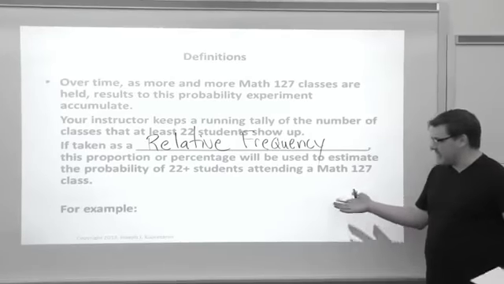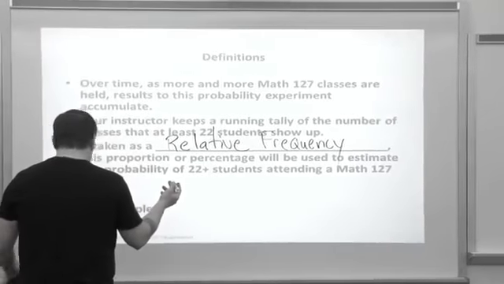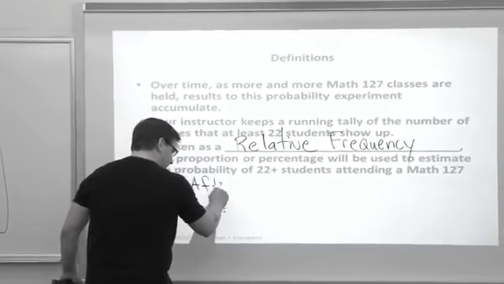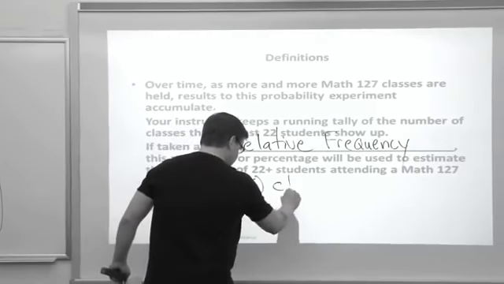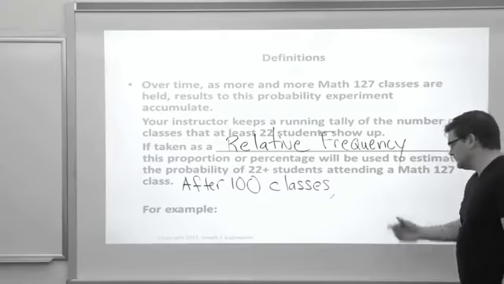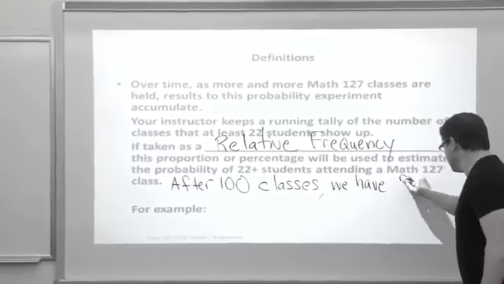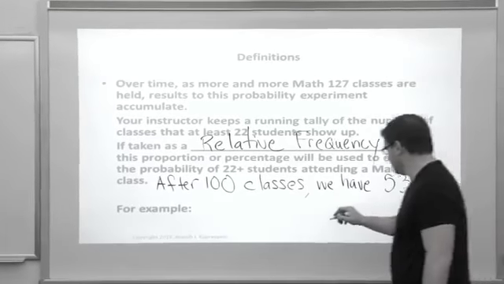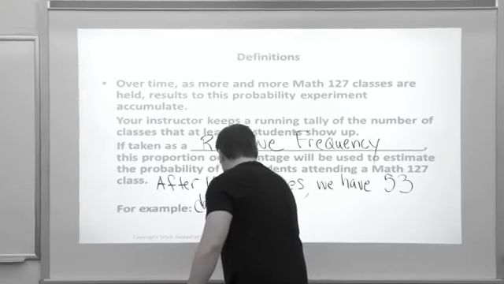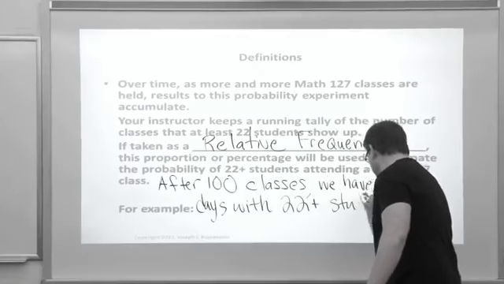Okay, so down here, let's just make up an example. I'll keep the numbers easy so I can do the math in my head. For example, let's just say after 100 classes, we have 53 days with 22 plus students.